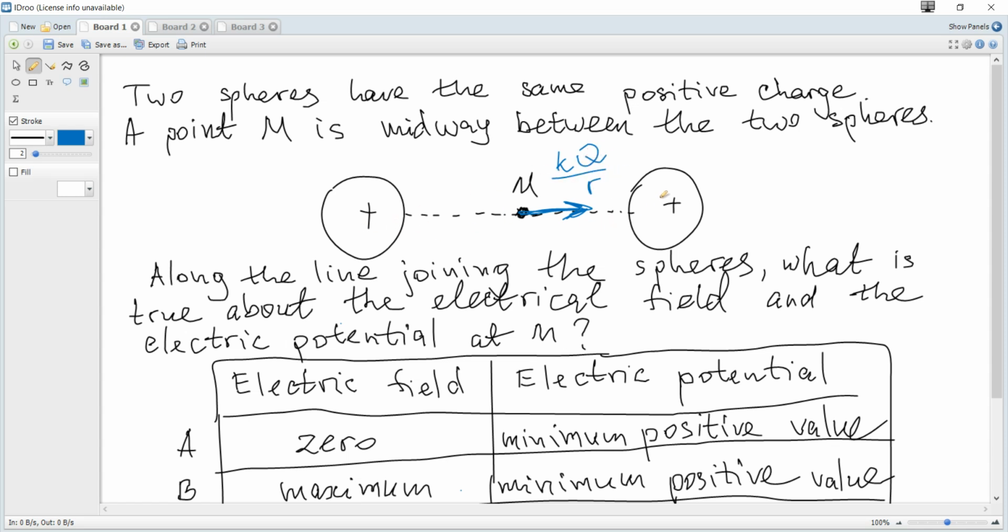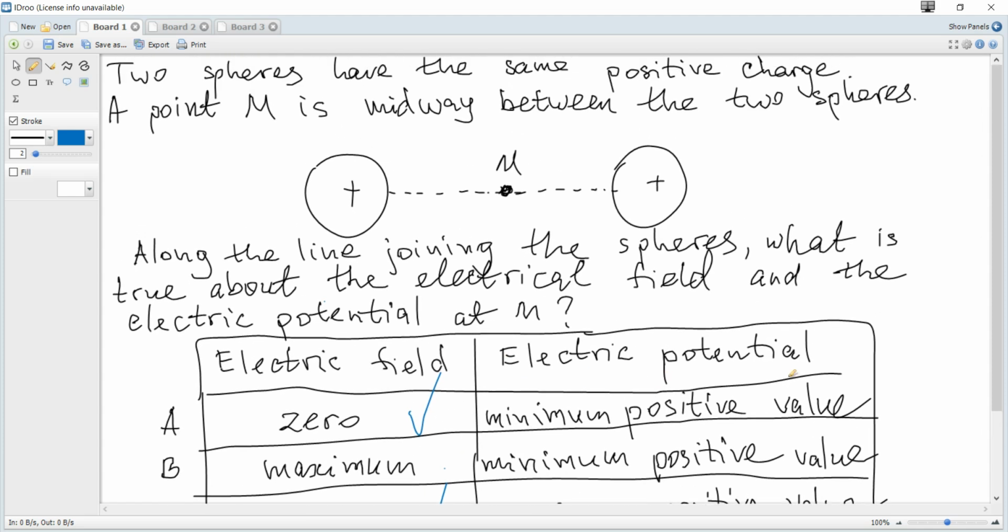The field produced by this charge is also positive, so it will be from plus in this direction, of the same magnitude, same charge, same distance. So there are two vectors in opposite directions but of the same magnitude, so they cancel each other, so the resultant electric field vector is zero, so the field is zero at M.